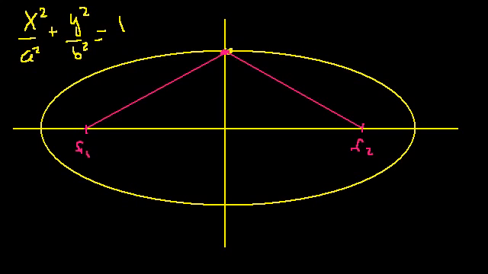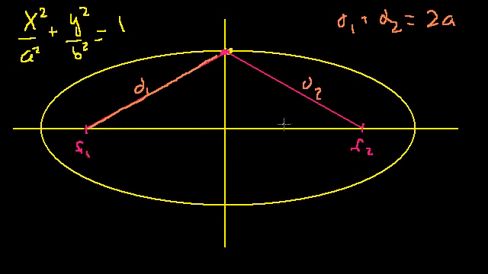Right? So we could say that, if we call this D1, this is D2, we know that D1 plus D2 is equal to 2a. Now, an interesting thing here is that this is all symmetric, right? D1 is going to be the same as D2 because everything we're doing is symmetric.